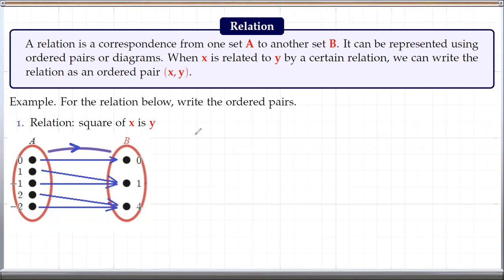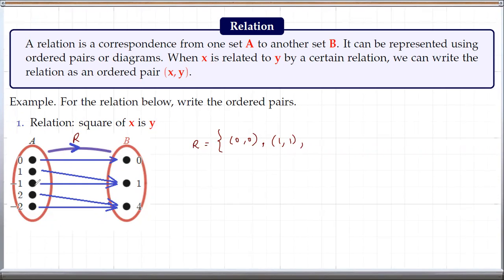So now it wants us to write down the ordered pairs for this relation. If we denote this relation by R, we can say R equals this set of ordered pairs. The first one we have here is (0, 0). So 0 being mapped to 0, that we can write as (0, 0). The next one is 1 being mapped to 1, so that we can write as (1, 1).